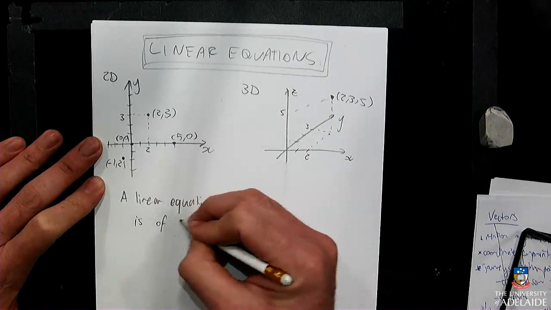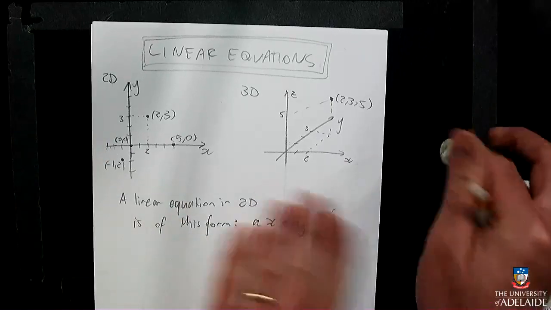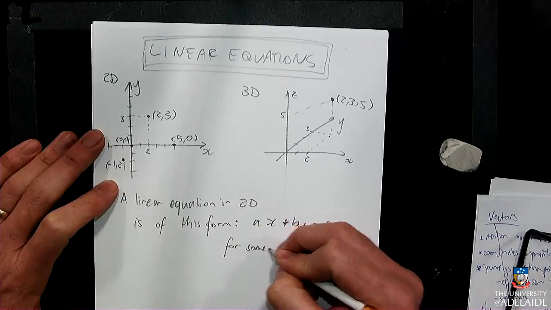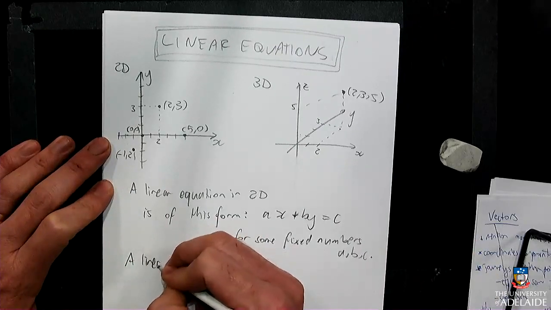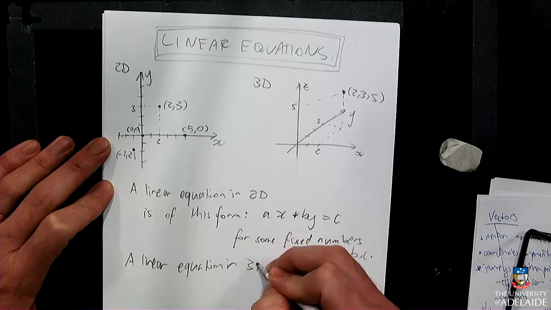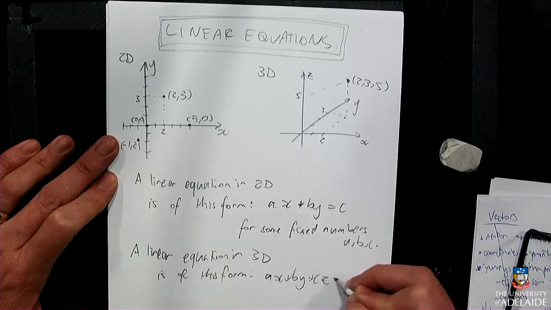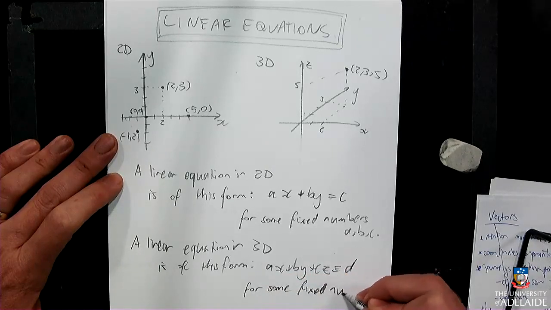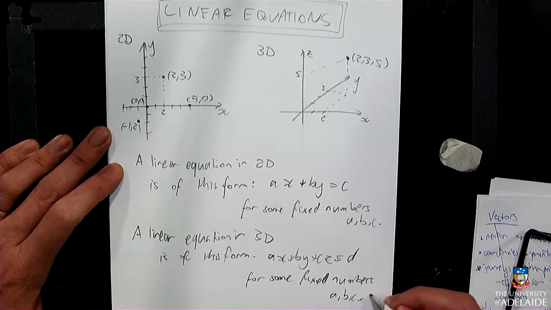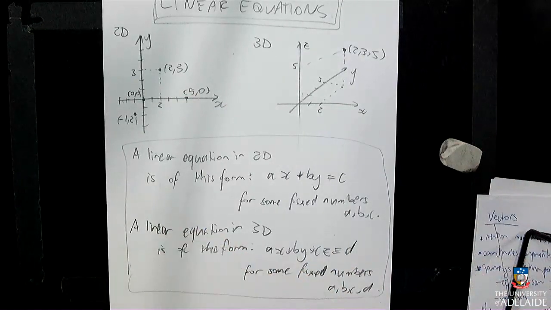A linear equation in 2D is of this form: AX plus BY equals C for some fixed numbers A, B, and C. And a linear equation in 3D is of this form, AX plus BY plus CZ equals D for some fixed numbers A, B, C, D. Okay, so that's what a linear equation looks like, and it turns out that if you collect together all of the points whose coordinates satisfy a linear equation in 2D, it always forms a straight line.